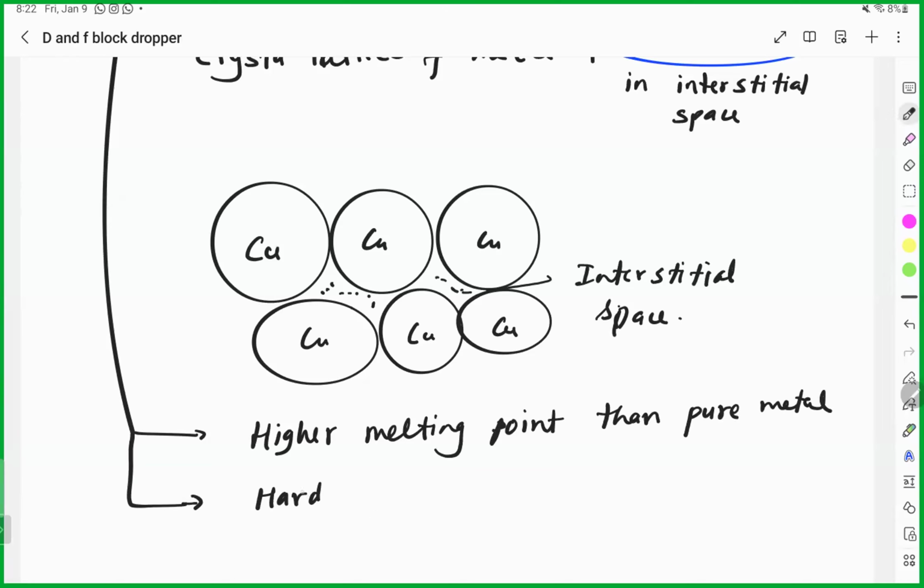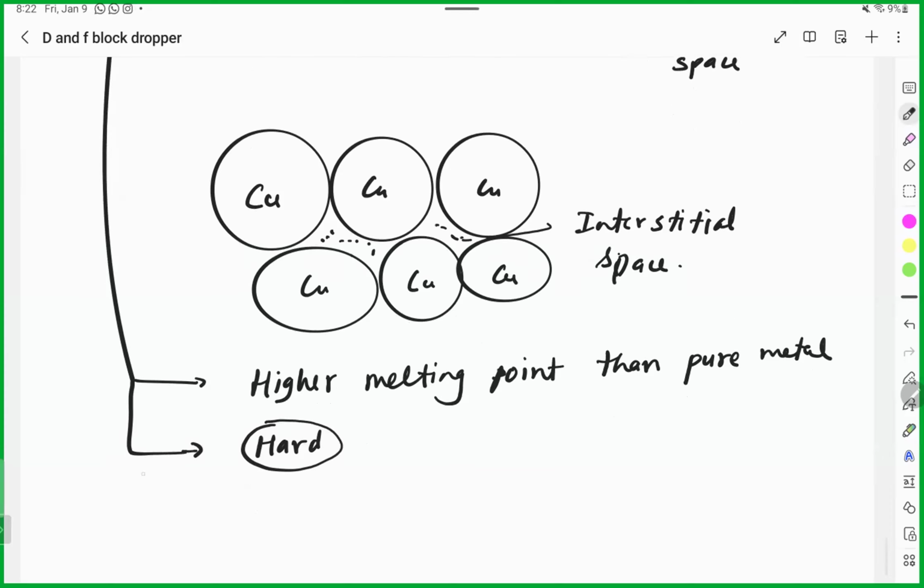Sometimes they are harder, almost like diamond. Imagine you want to make a tough material with a very high melting point using small atoms. The best example is D block. Understood? Any doubt?